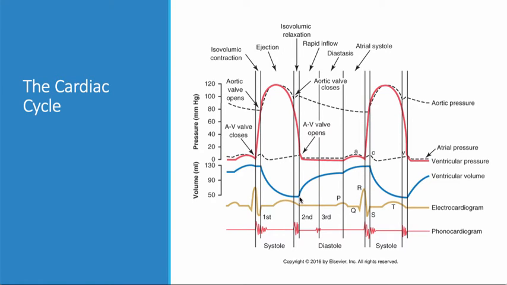ventricular filling, that happens when the pressure in the atria are greater than the pressure in the ventricles. And that passive filling is the first thing to happen. Notice if there's a huge volume of blood from heart failure, for instance, that passive ventricular filling can make a third heart sound.